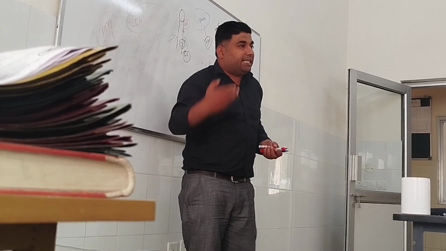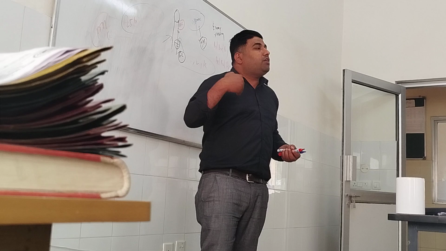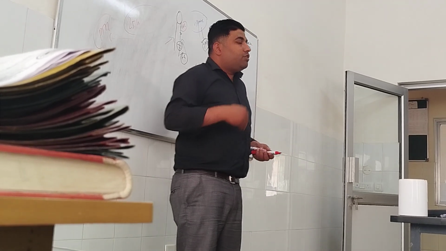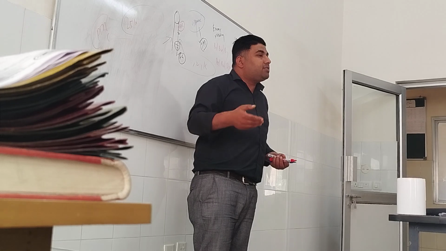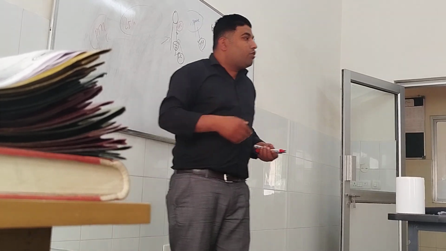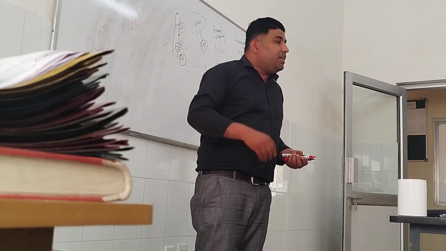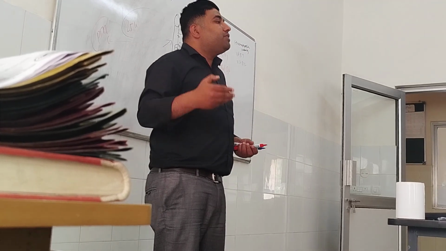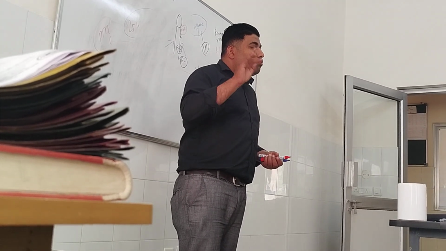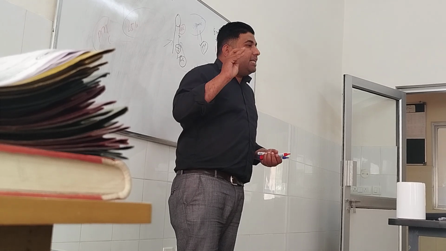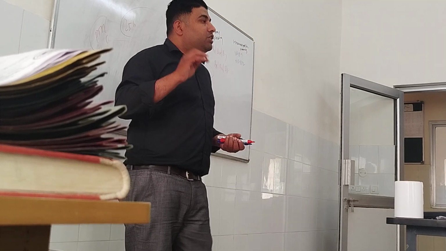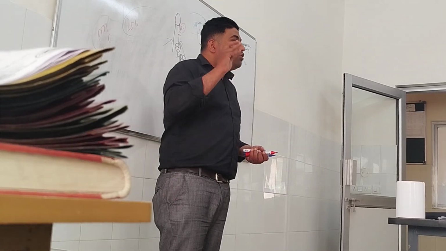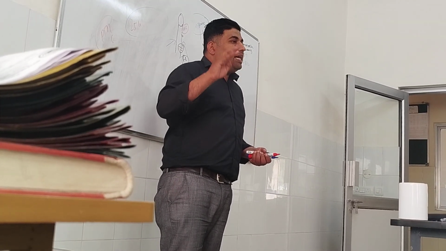Then we have vitamin K, which is another fat soluble vitamin. The major function of vitamin K is activating the clotting factors involved in clotting mechanisms. Vitamin K is mainly involved in activation of clotting factors 2, 7, 9 and 10 by gamma carboxylation of glutamate residues of factors 2, 7, 9 and 10.